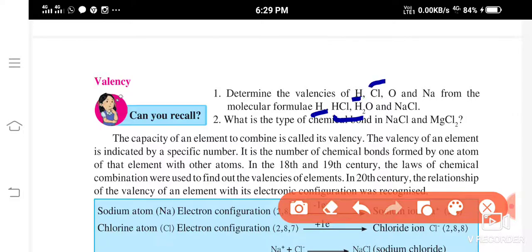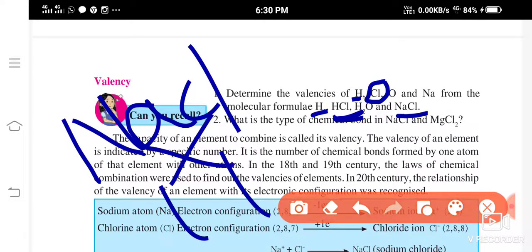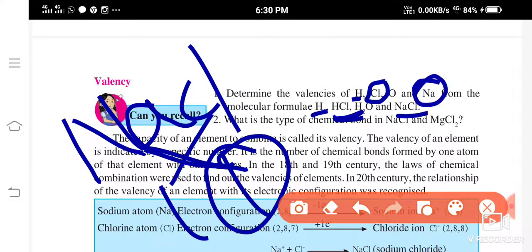Then the valency of chlorine, you have found out over here, it is 1. Here also you can see the valency of chlorine is 1, because in NaCl, I have shown you, this is of this and this is of this. So here Na is 1.